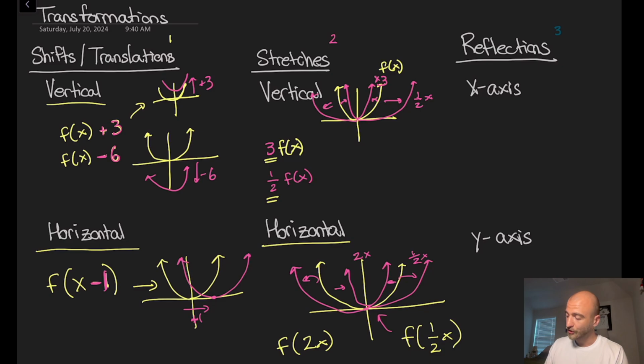So just like in the previous case with the horizontal shifts where the pluses and minuses go in different directions, in the case of the horizontal transformations, the coefficient that you're manipulating the x variable in the inside of the function also is inverted. So f of 2x leads to a 1/2 as stretched, and f of 1/2 of x is twice as stretched.